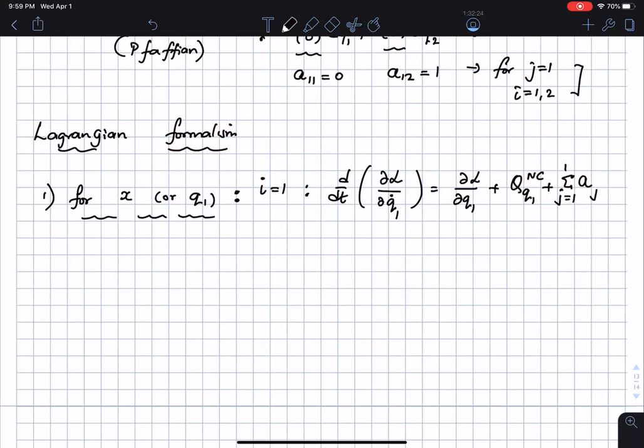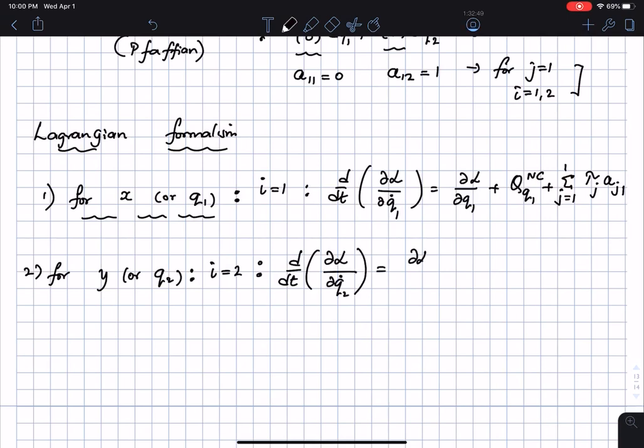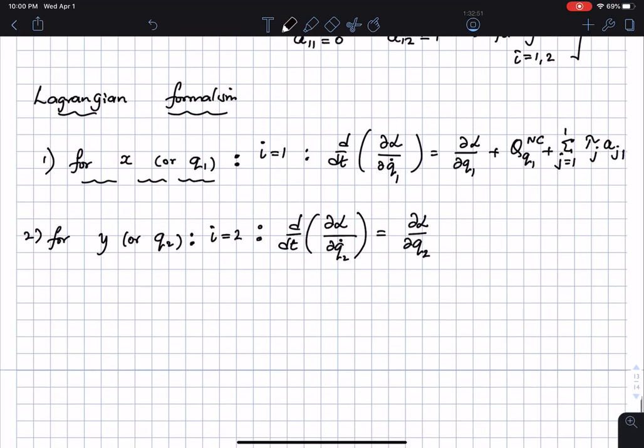Okay, lambda j a j1. Then for y or q2, I have i is equal to 2, so d by dt of dL by dq2 dot is dL by dq2 plus q2 nc plus summation j is equal to 1 to 1 of lambda j a j2, because i is equal to 2.